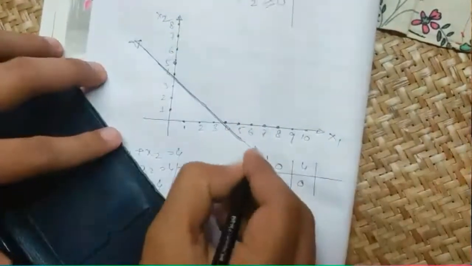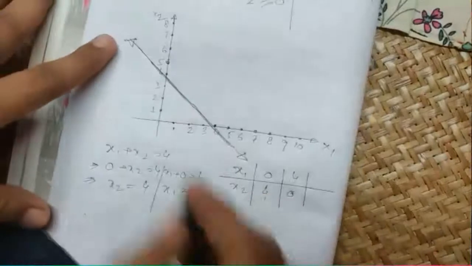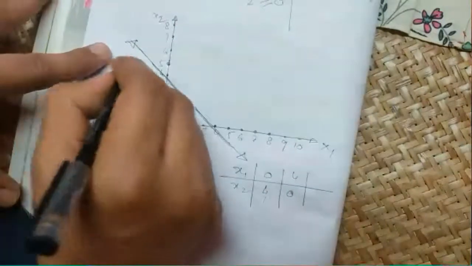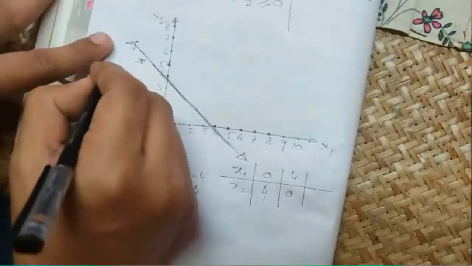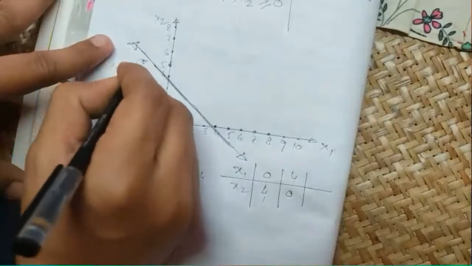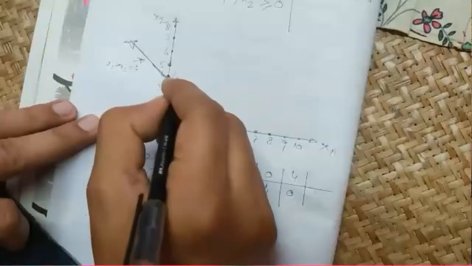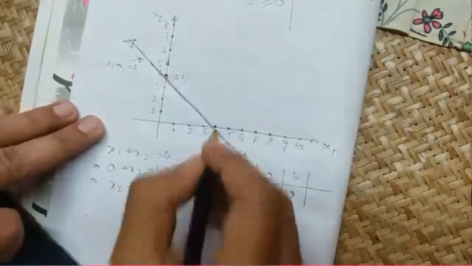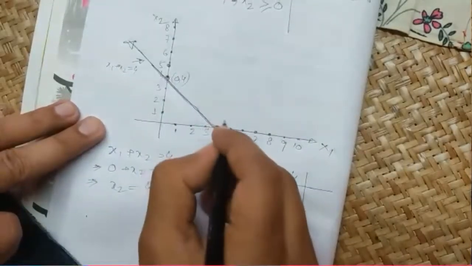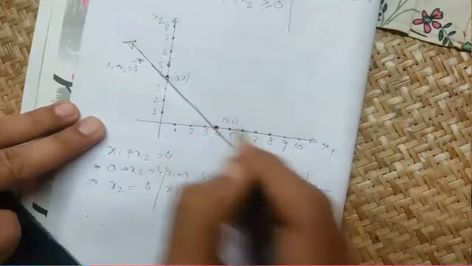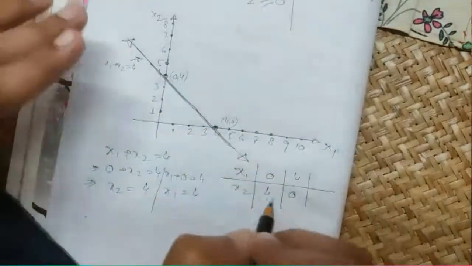So this is our constraint 1, and in short we will show it as x1 plus x2 is equal to 4. This point is 0, 4, and this point is 4, 0. Okay, so we got the first constraint.